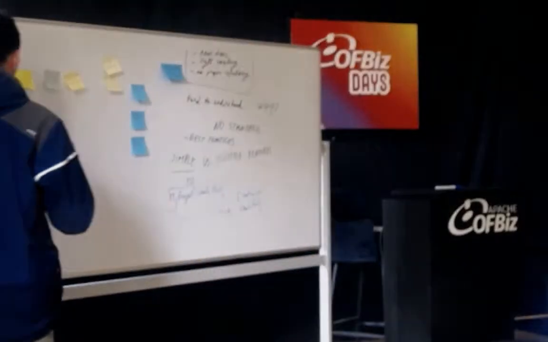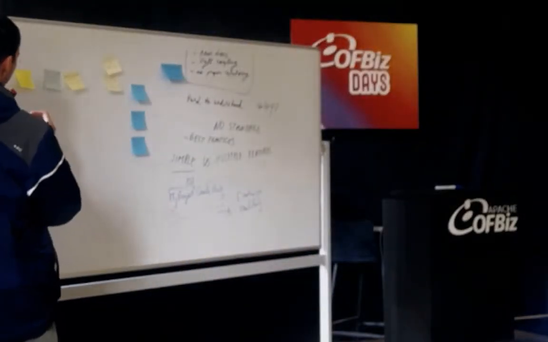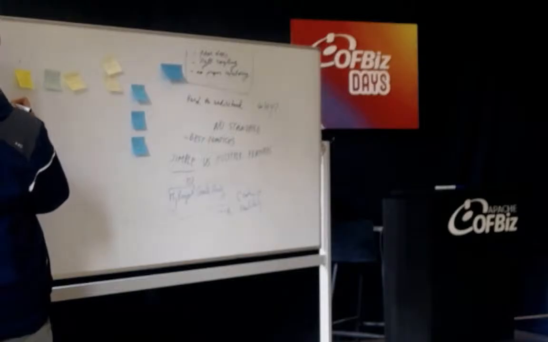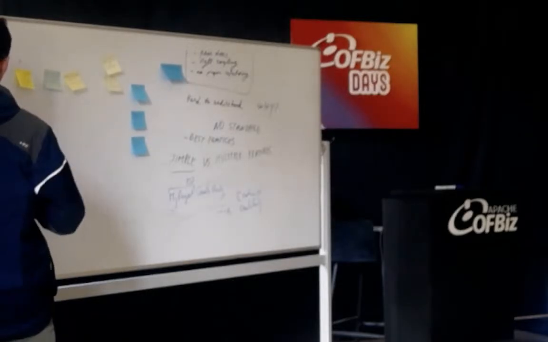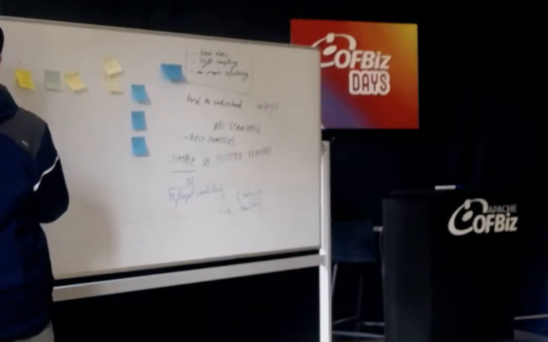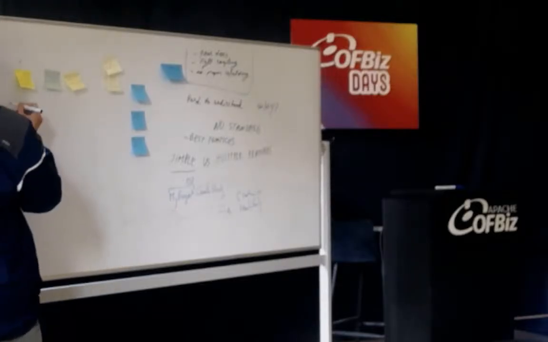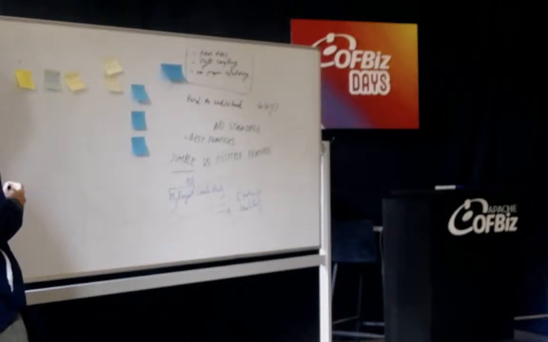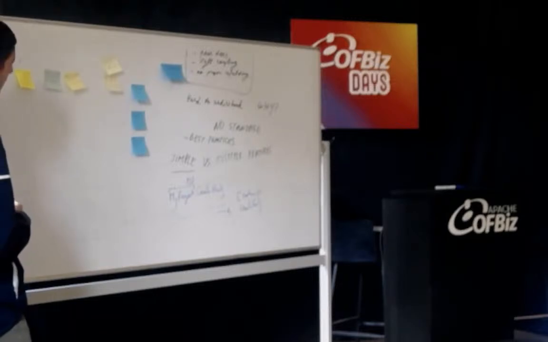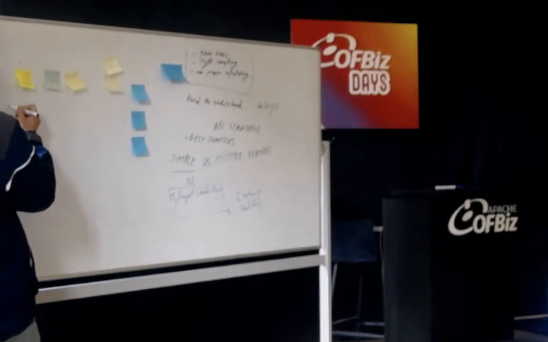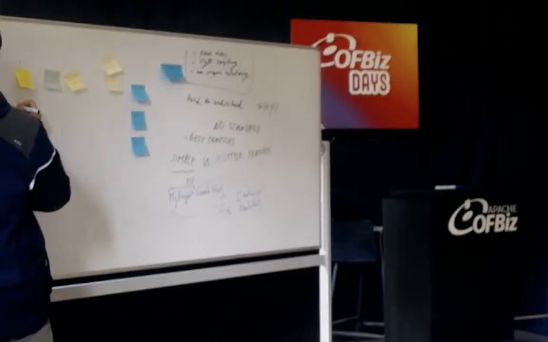Okay, so we agreed on the best practices, no? Yeah. And I guess the first one we have is keep a layered approach. How should we call it? Layered approach.